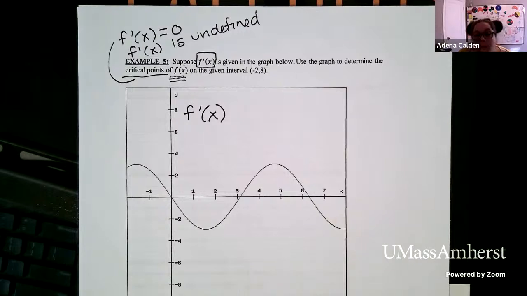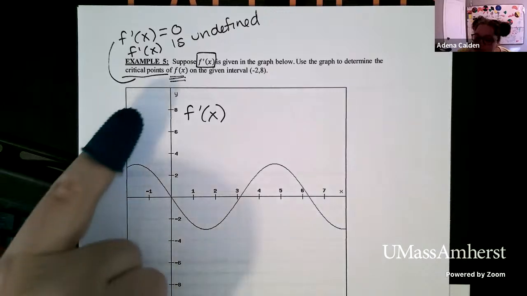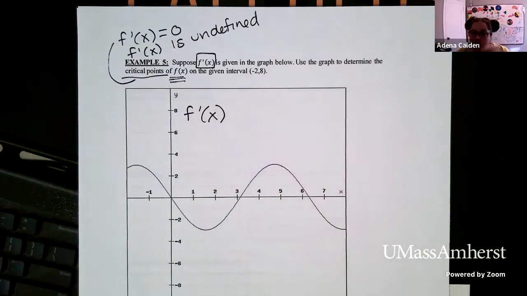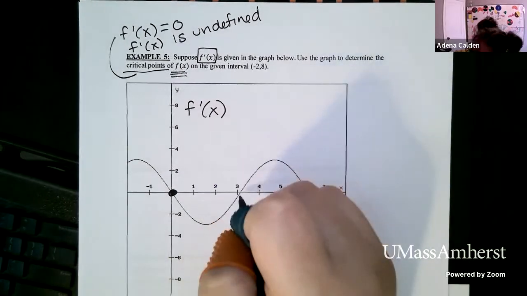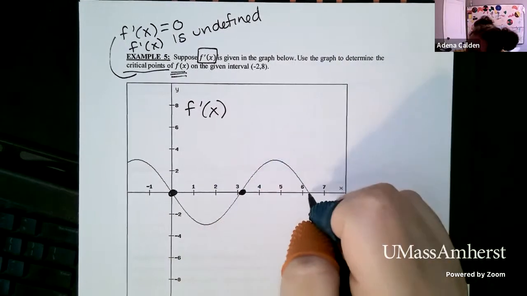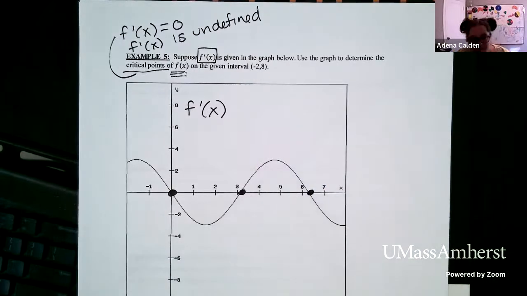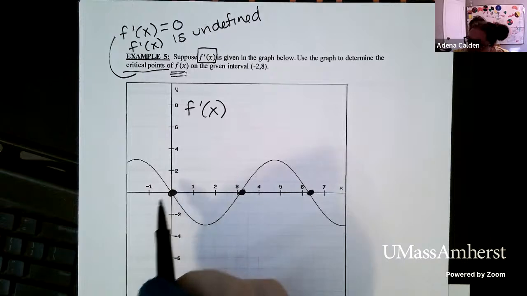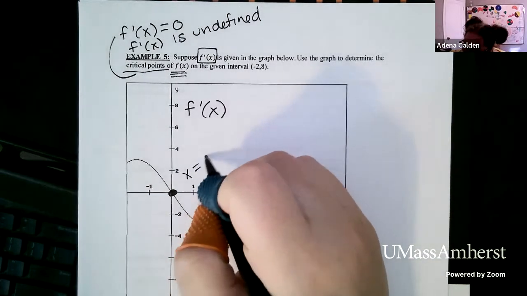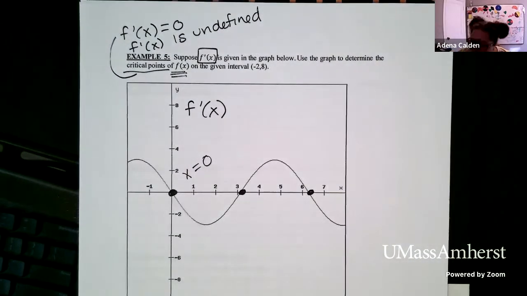There's nothing here that would say the first derivative is undefined. So what we're looking for is when the first derivative equals 0. Since this is a picture of the first derivative, we are literally looking for when it has a y value of 0. Those are the places where we cross through the x-axis. So we see that there's 3 critical points here. This one looks like it happens at roughly x equals 0.